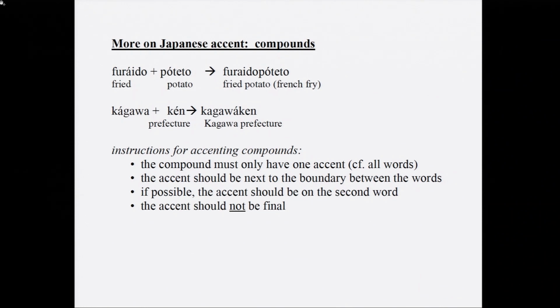So Kagawa Prefecture. Kagawa is the name of a place, and it's got accent on its first syllable. But the expression for Kagawa Prefecture has accent right before the boundary between them, not on the second half of the compound, unusually, because the second half is only one syllable long. So you get Kagawa Ken.